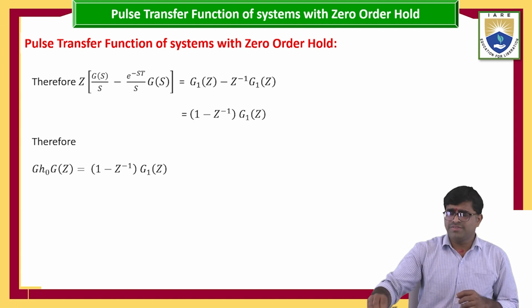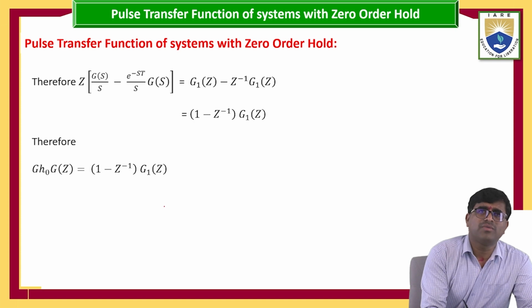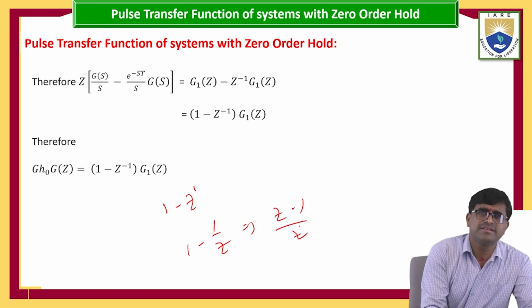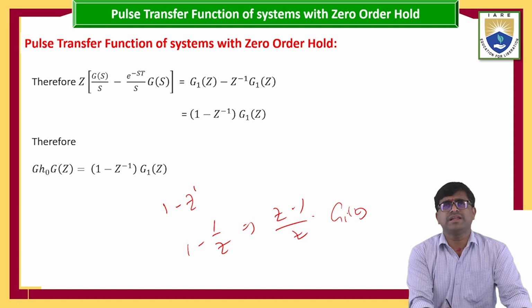That is 1 minus Z inverse, which is 1 minus 1 by Z, equal to Z minus 1 by Z into G1 of Z.